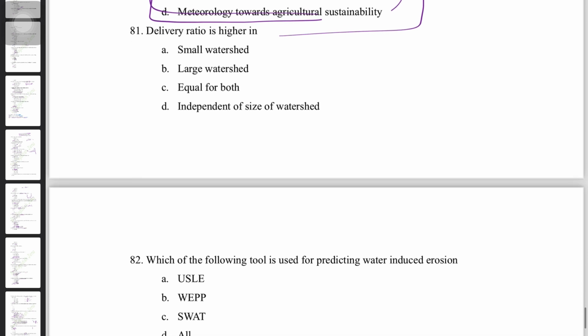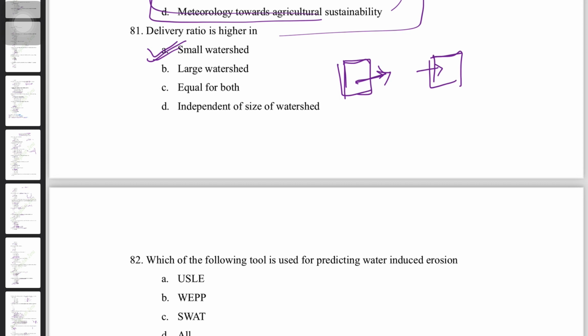Next question, the delivery ratio is higher in small watershed. The delivery ratio means how much erosion is deposited in water bodies, divided by how much erosion is moved from an area.